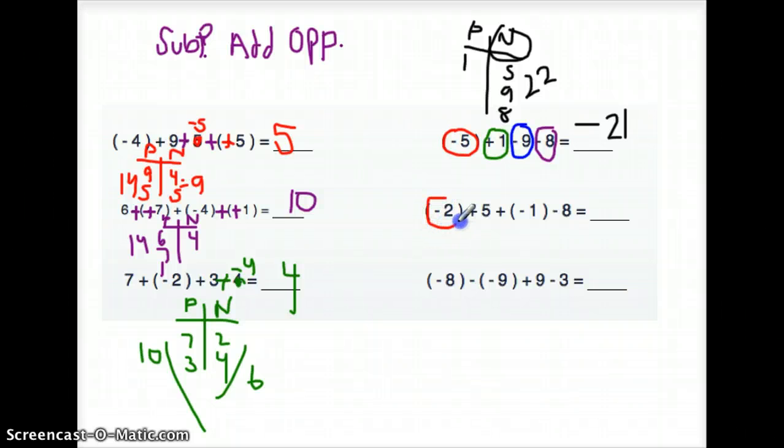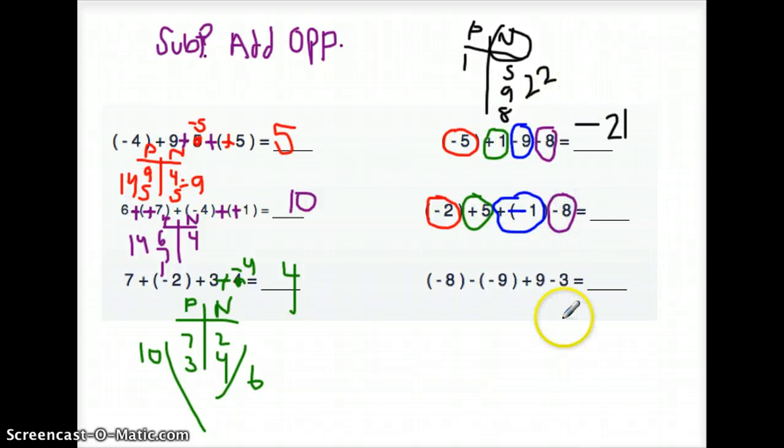Alright, that's a -2, obviously. Then this is a +5. This is where it gets a little trickier. Here we have a plus and negative. Because it's a plus and a negative, it's still just a negative. Okay. And then the last one is -8.